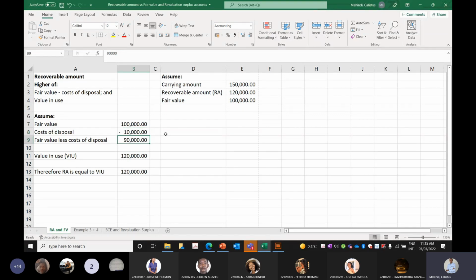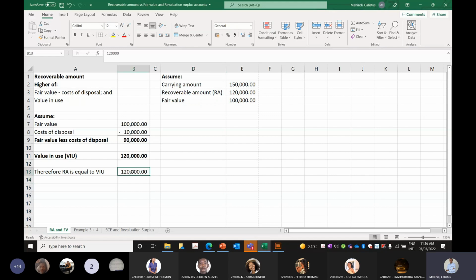That is just the difference between 100,000, the fair value, and the 10,000 cost of disposal. Value in use, I've just put a figure of 120,000. So to determine the recoverable amount, it is the higher of the fair value less cost of disposal and the value in use.